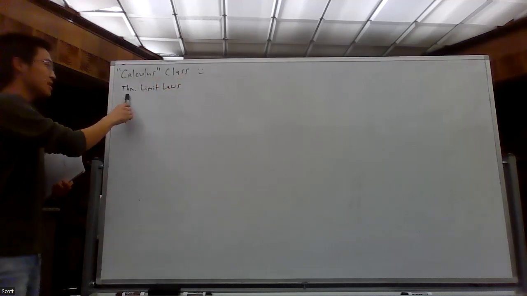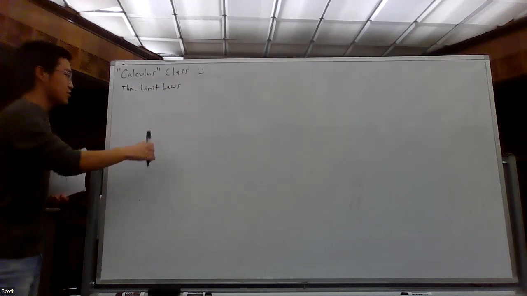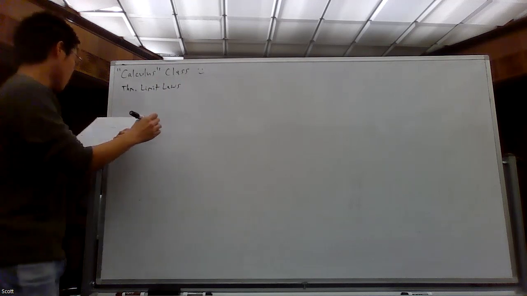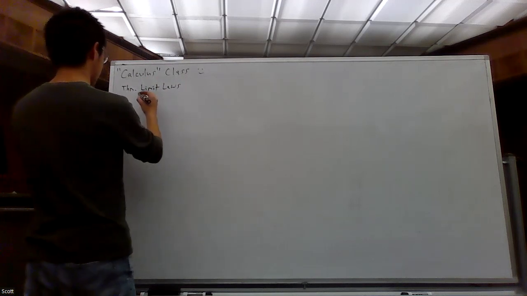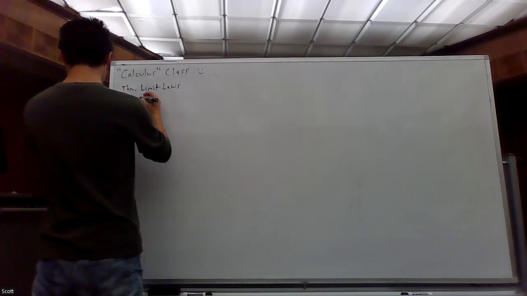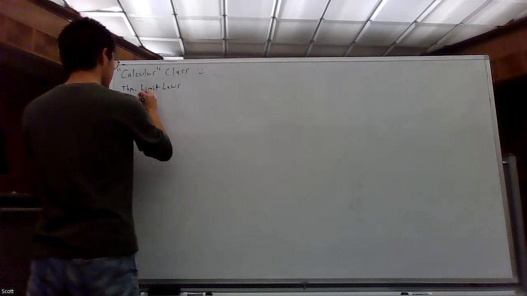The reason I like showing that this is a theorem is because a lot of people think that someone just made these laws up one day. No, these were proven. We don't go over the proofs for all of these because that's what calculus 4 is all about. But what we're going to do is get our ingredients.